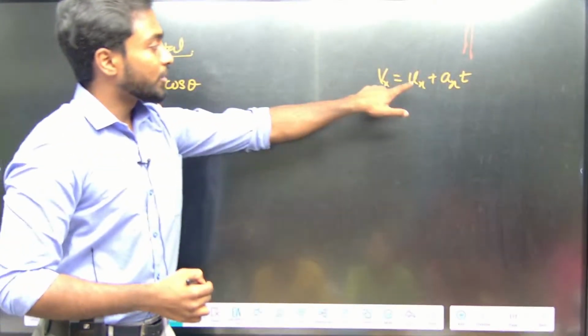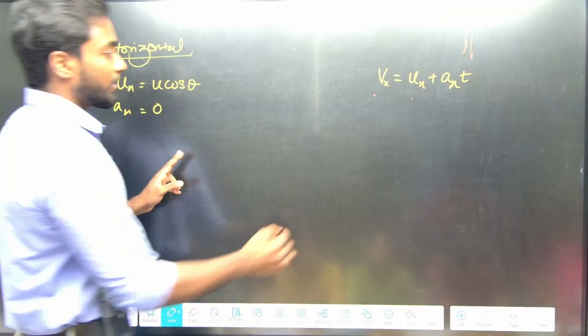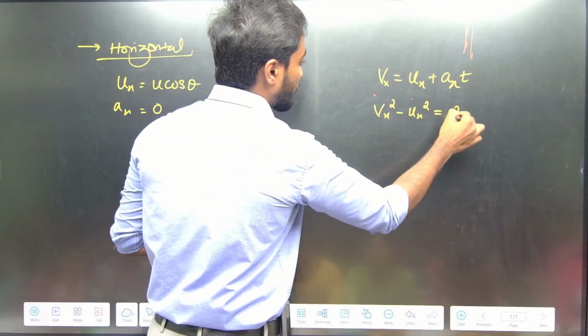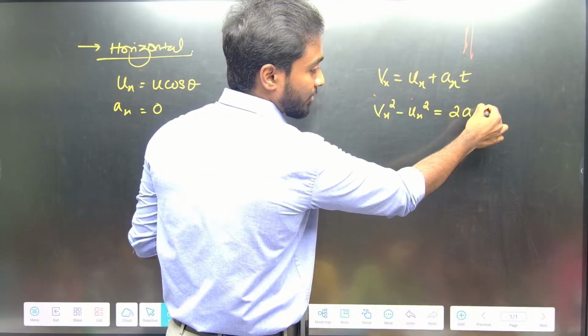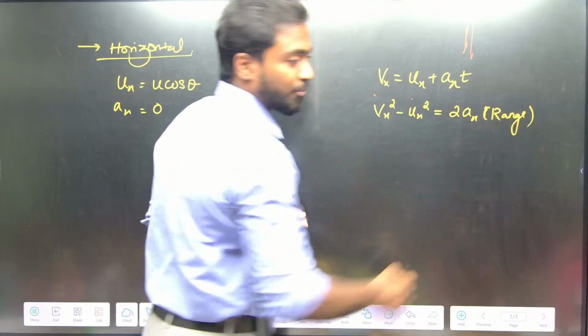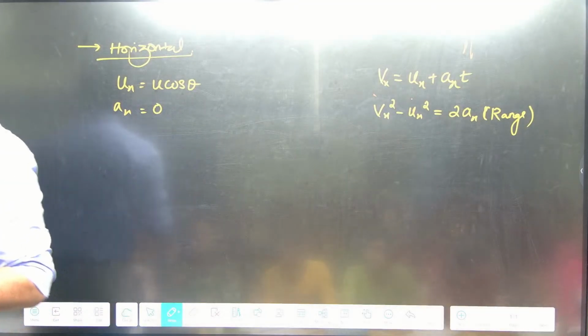So vx, ux, ax, everything in terms of x only I will take. Then vx square minus ux square will be equal to 2ax, 2as, no, that is range. The displacement in the x axis I have told as range.